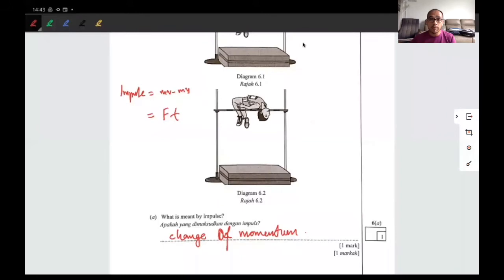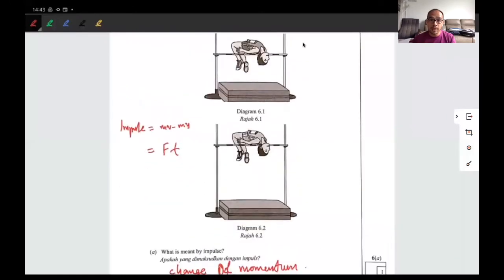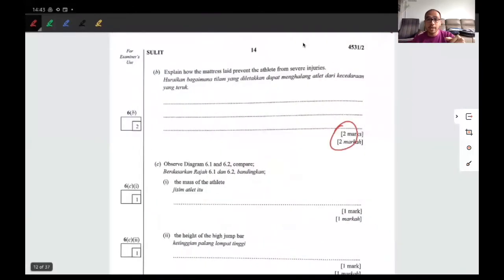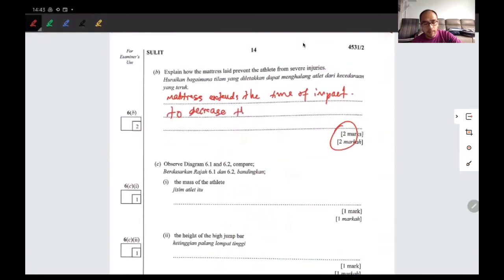Because this has impulse and impulsive force, you kind of know the mattress extends the time of impact, to decrease the impulsive force. 1 mark, 1 mark.